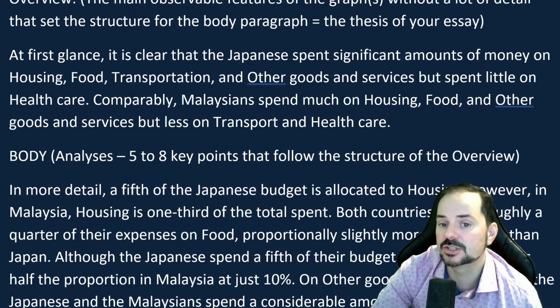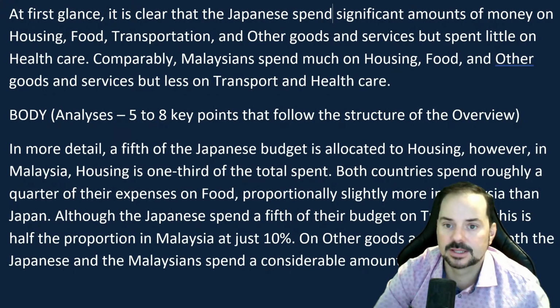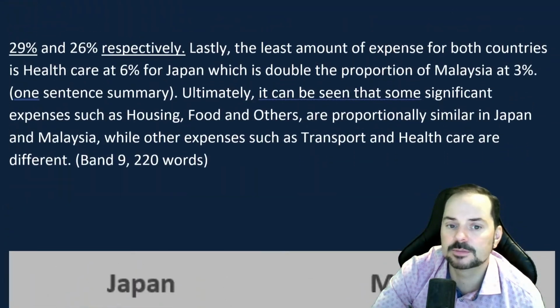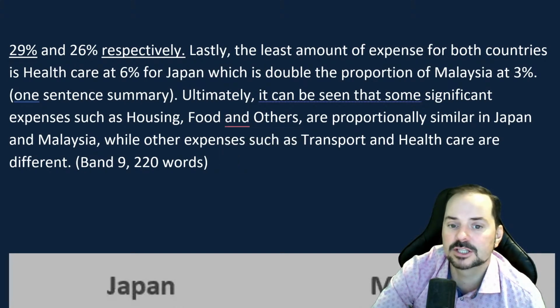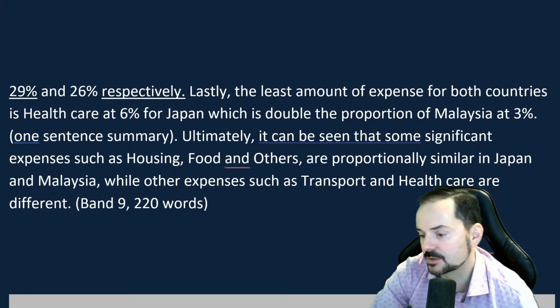Comparably, Malaysians spend much on housing, food, and other goods and services, but less on transport and healthcare. My summary is a bit different. Ultimately, it can be seen that some significant expenses are proportionally similar, but some are different. So I phrase it a little bit differently.